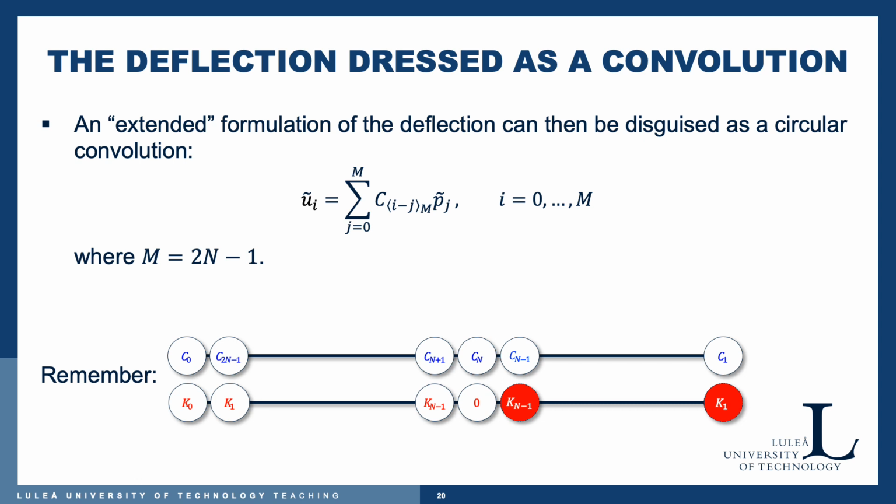We need to remember that the elements of C, which are ordered as C0 followed by the last element C2n-1 and then counting down to C1, contain the values of K0 to Kn-1 as the first elements, and then the 0, and then starting from the end of the first part, Kn-1 and counting down to K1.